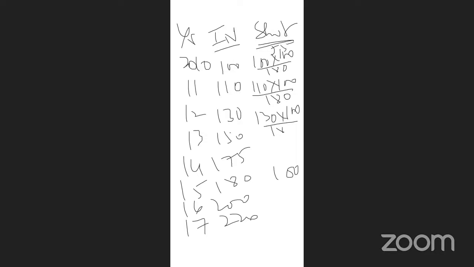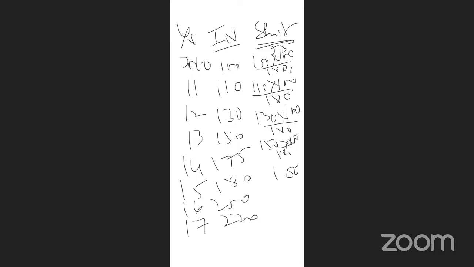Okay. The next, 110 into 100 divided by 180. 150 into 100 divided by 180 is 61.11.